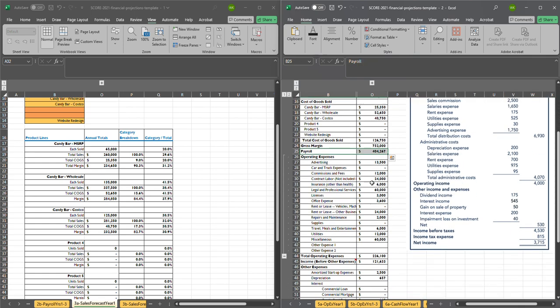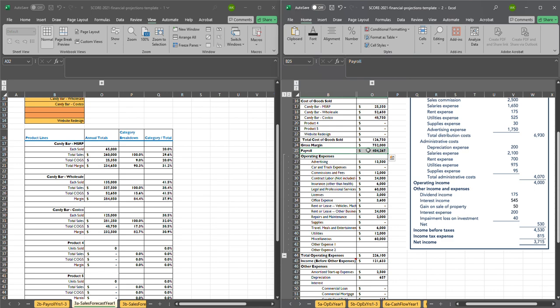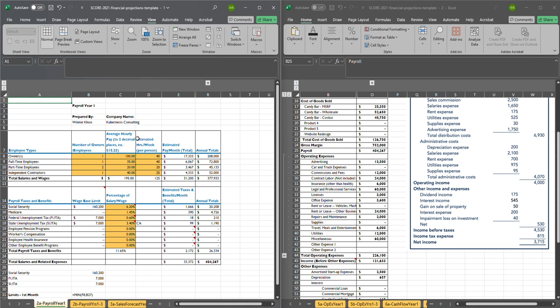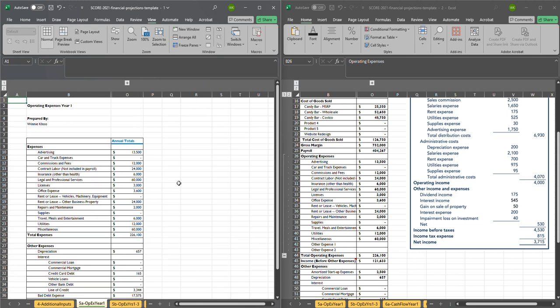The template has it broken down by payroll, which is coming from this payroll tab. So payroll is its own section. And then there's operating expenses, which comes from operating expenses here. So all of this is just getting pushed into our income statement here.